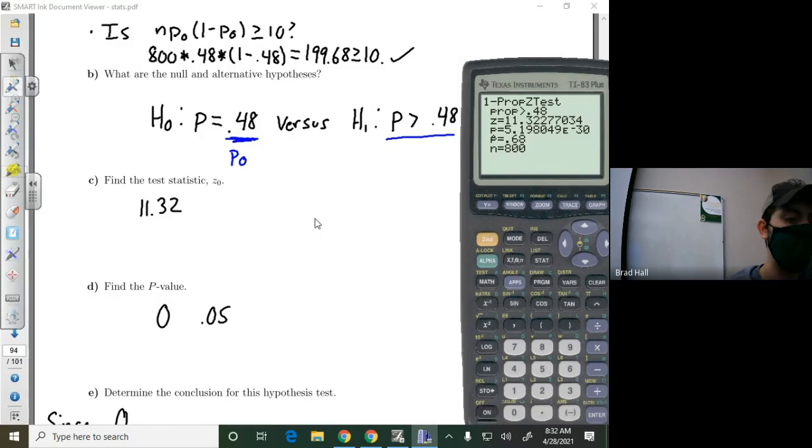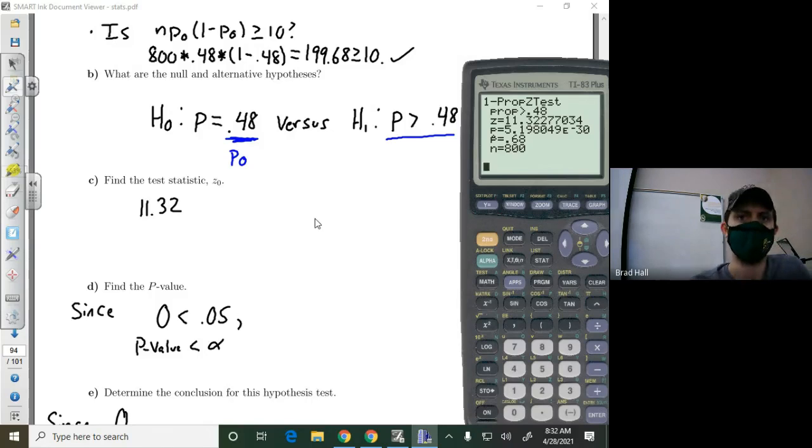So now we get that since the p-value is less than alpha, we reject the null hypothesis. That's right. We reject the null hypothesis.